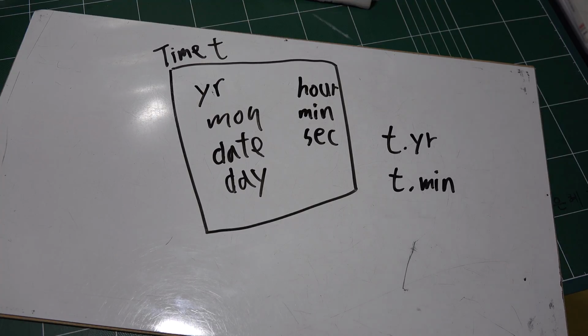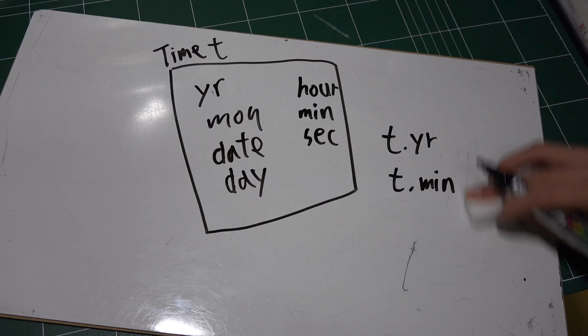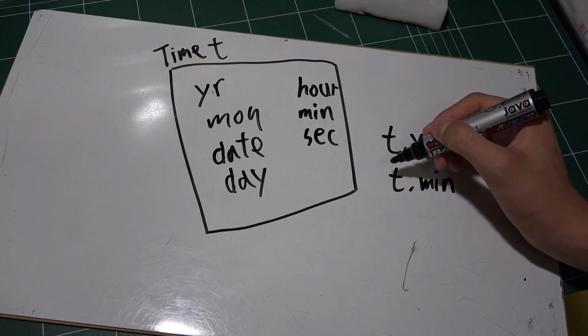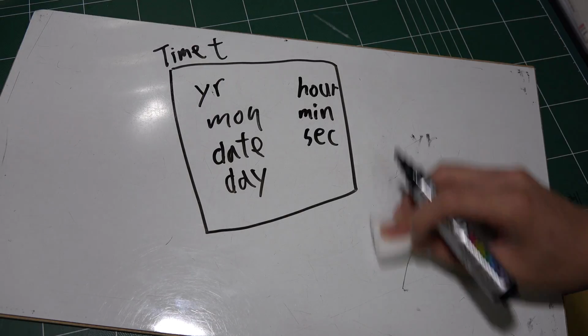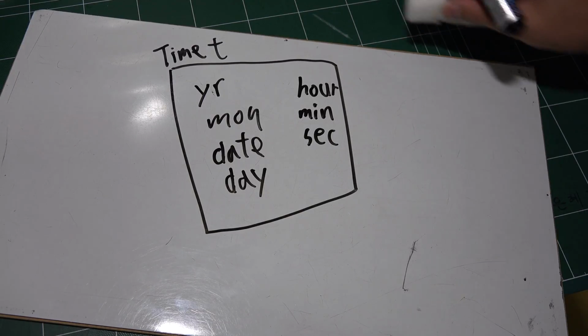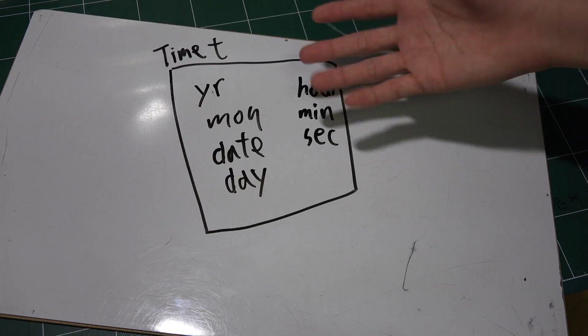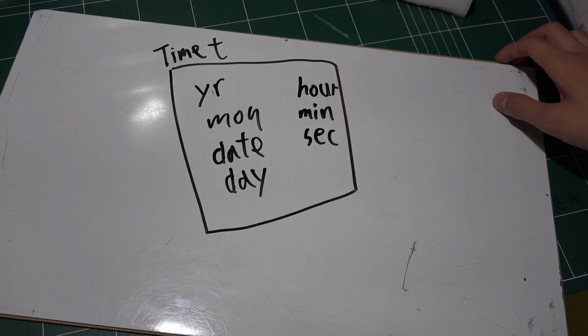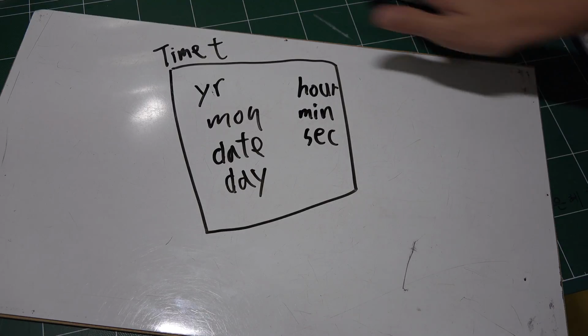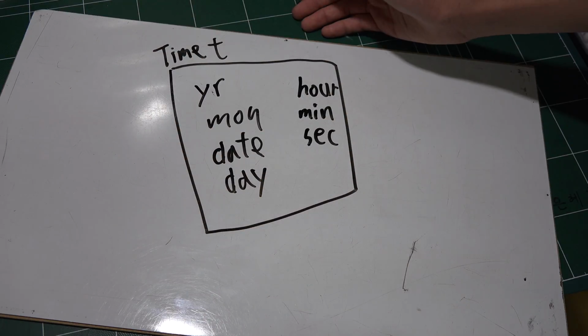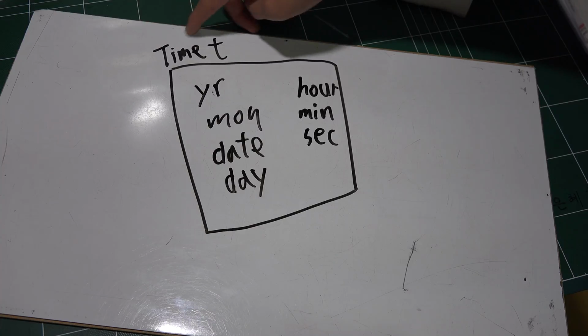And if I want to write, I can write like this. But if I want to get data from this, I can write equal to here. And yes, this is the information of how to transport data, and what will be sent and what will be received. So all this information is in struct time t.